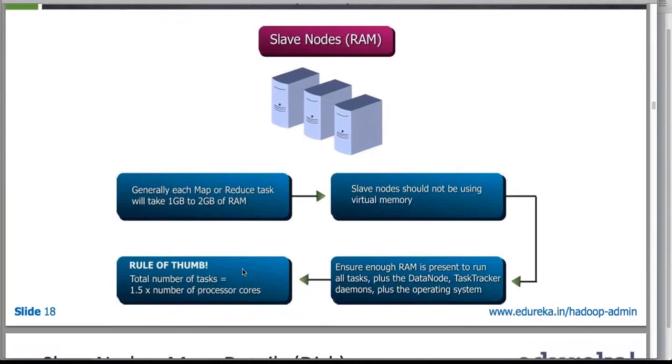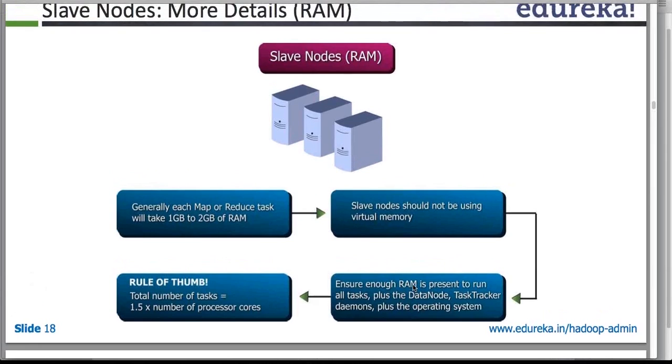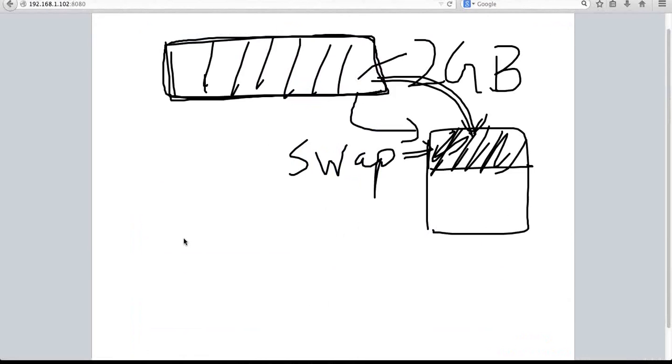So you have to ensure that the memory is sufficient to run all your daemons without swapping to disk. Another thing is that the total number of tasks you can run will be 1.5 times the number of cores. What does it mean?